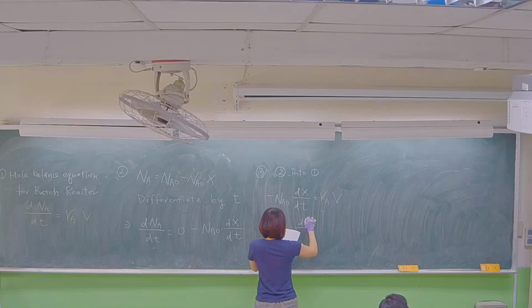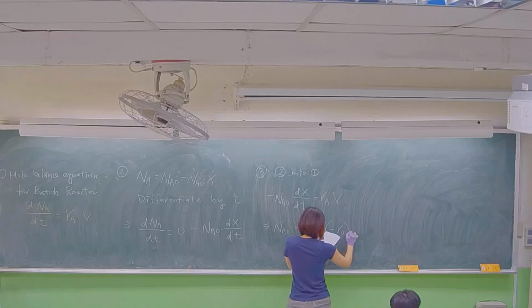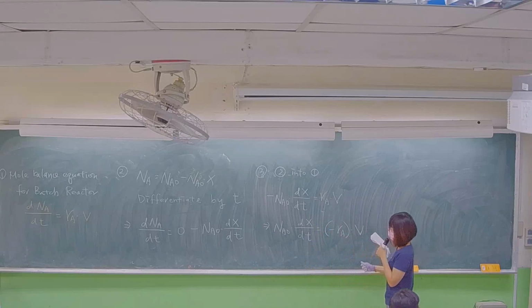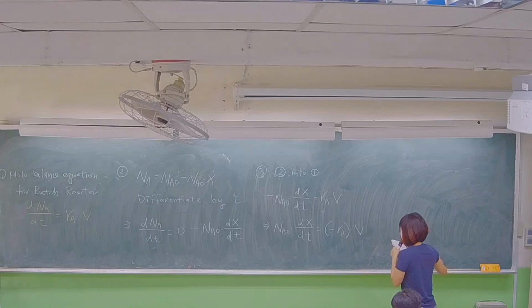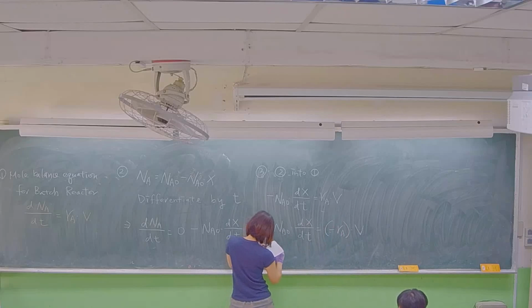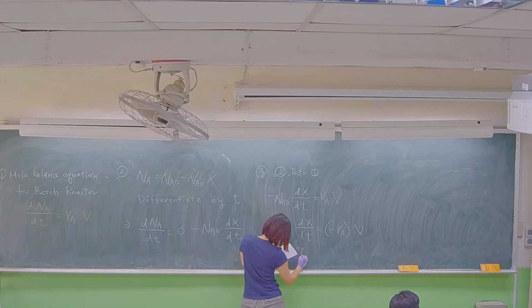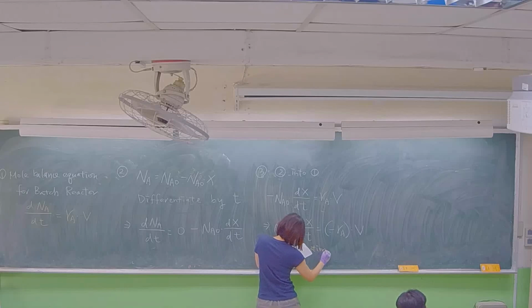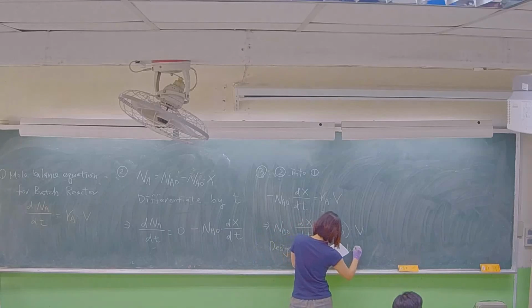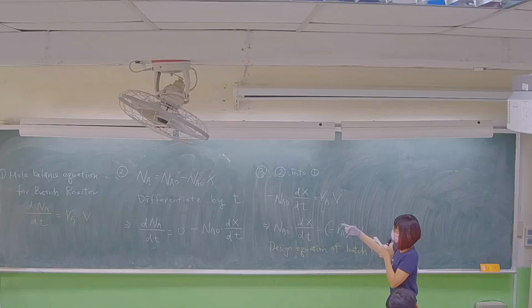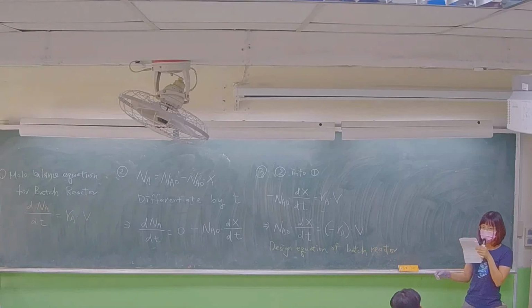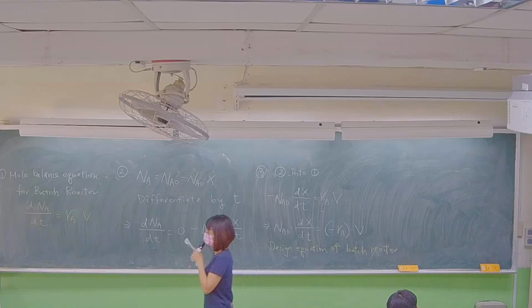As I mentioned, rA is less than zero. Minus rA is positive, right? So this one is better. Minus rA is better. So this is the design equation of batch reactor in terms of X. So we successfully put a conversion into the equation.